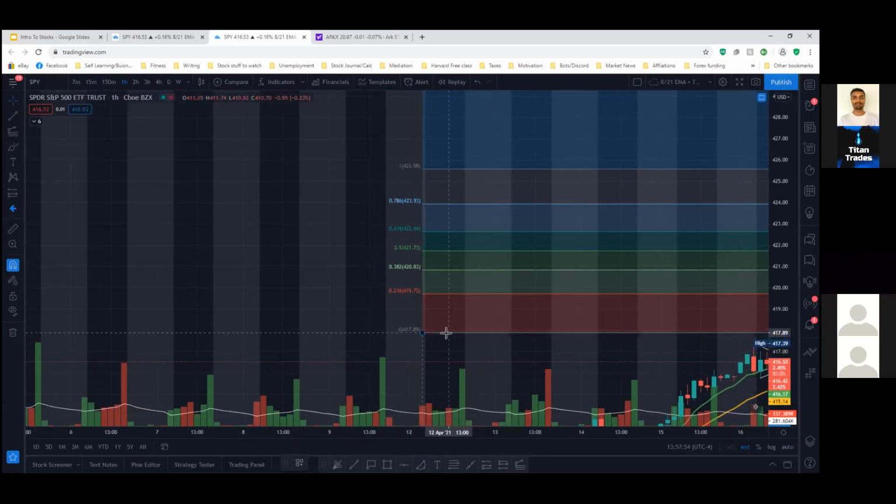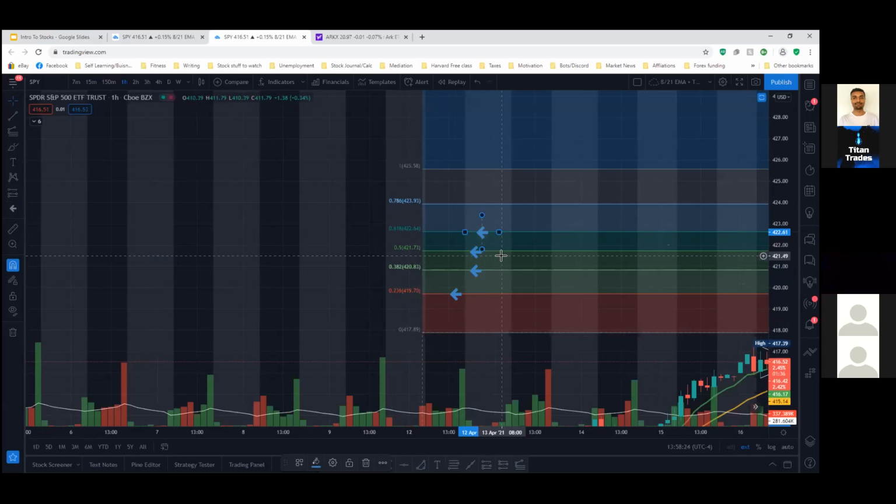Over 418, we see the first profit target of 419.70. Then a softer profit target, but this one still matters, of 420.83. And then the final one would be 421.73. And this one would be the last one. I don't really think it's going to go above 422.64.